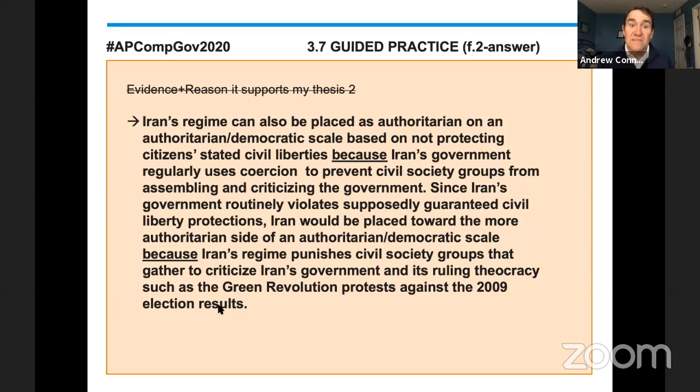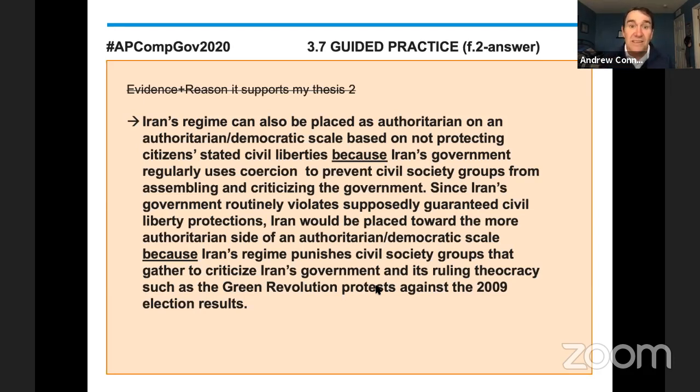So a country-specific example of Iran violating civil liberties, cracking down on protests that were criticizing Iran's theocracy. So again, making sure my claim is in there, connected to the prompt, connected to that core concept, country-specific example, Iran, criticism of the theocracy. I think all 3 points there.